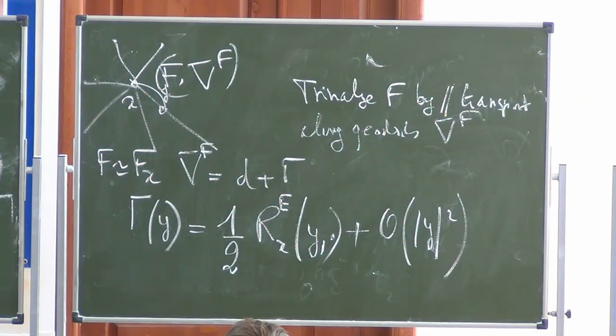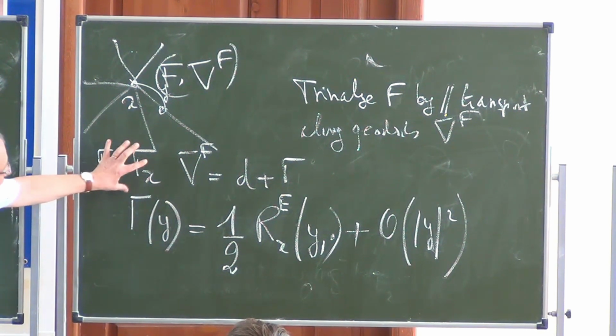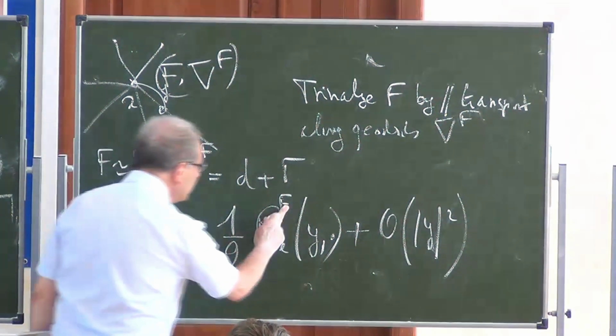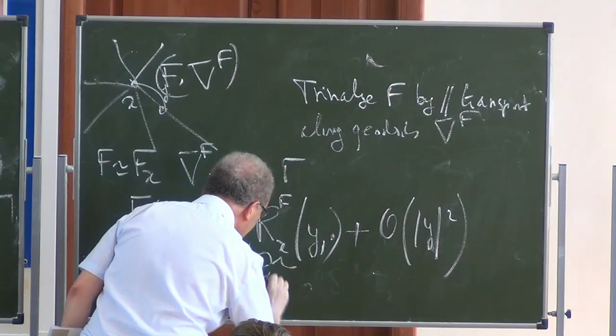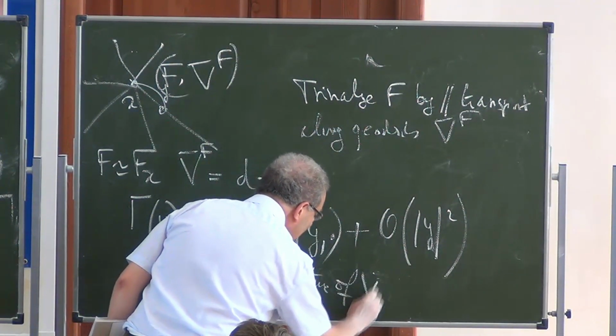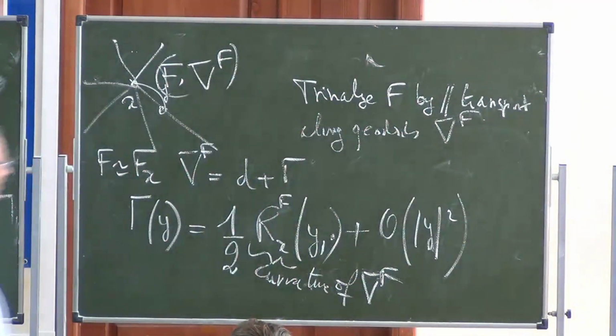That's the expression of the connection form once you trivialize the vector bundle by parallel transport using the connection nabla f. And RF, sorry, this is RF, the curvature of nabla f. This is an extremely easy result.